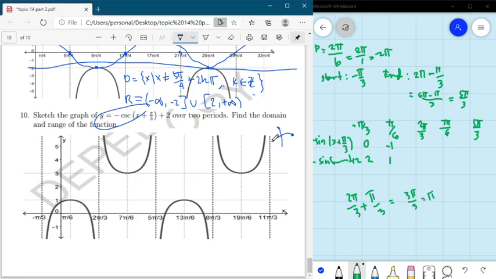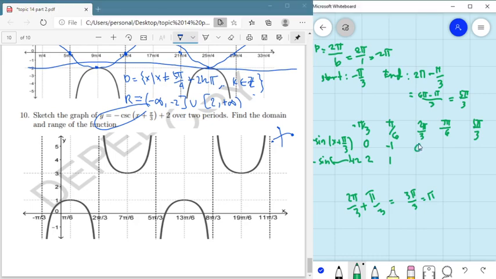So at pi, your sine is 0. Times negative is 0 plus 2 is positive 2.